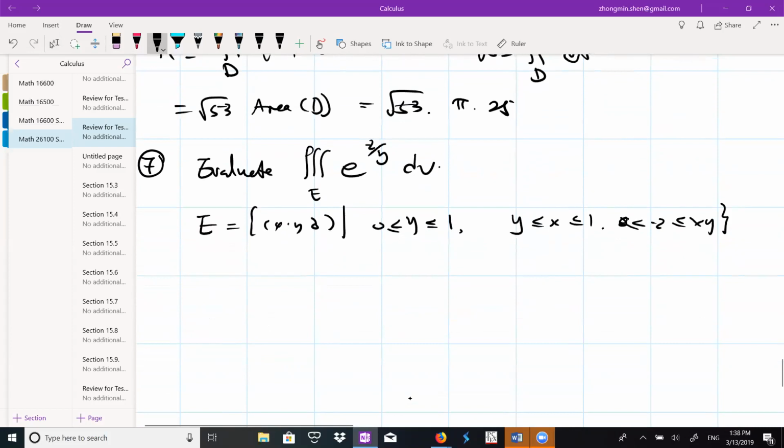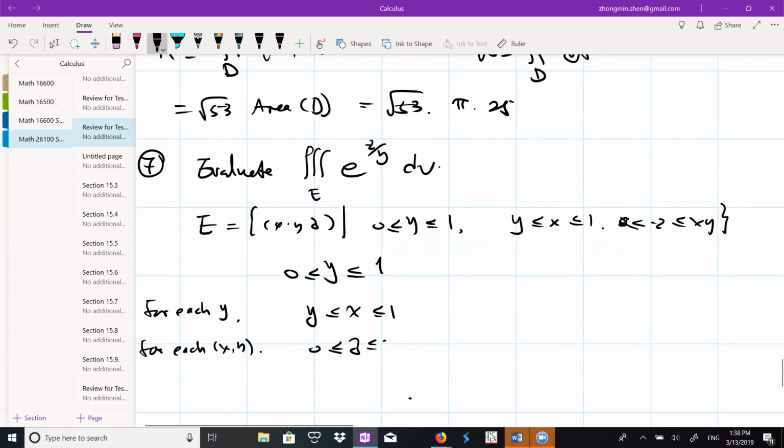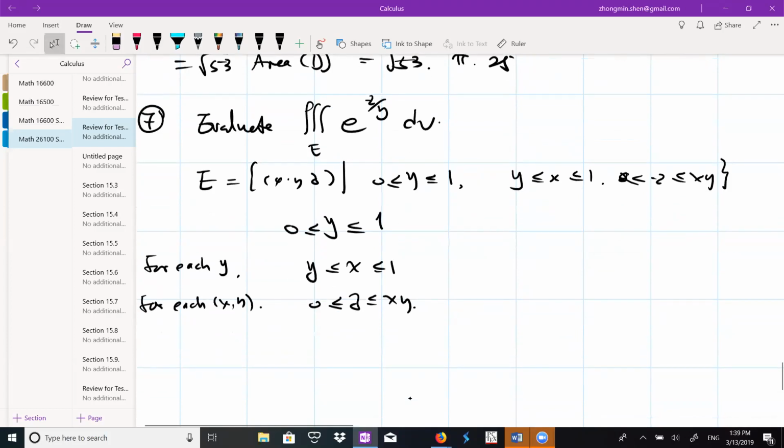So basically, this is the order. y is between 0 and 1, and for each y, x is between y and 1. Then for each x and y fixed, z is between 0 and xy. So it's layer by layer.